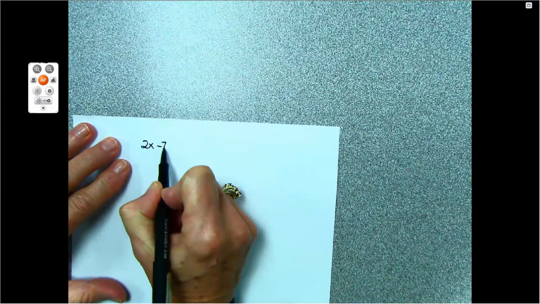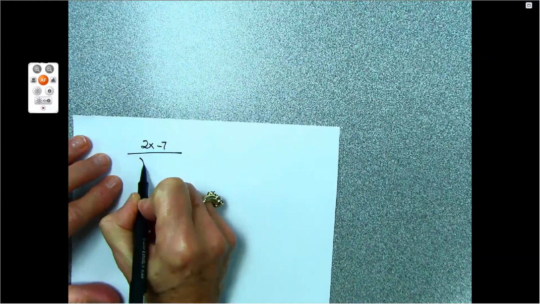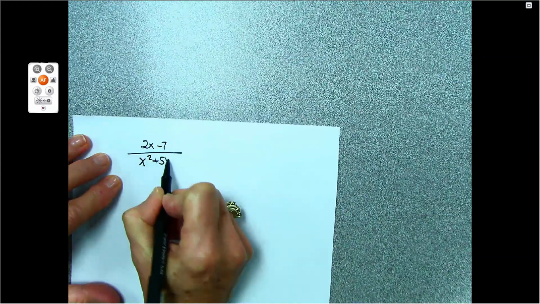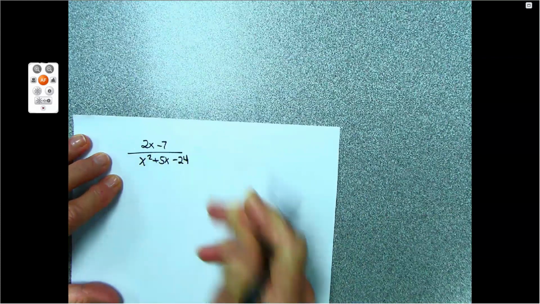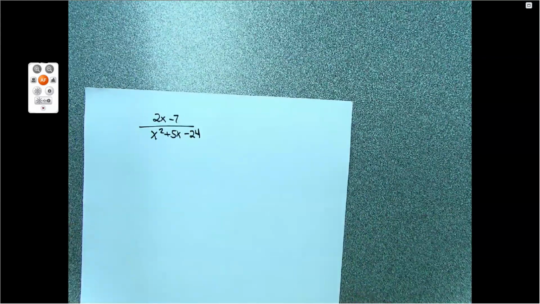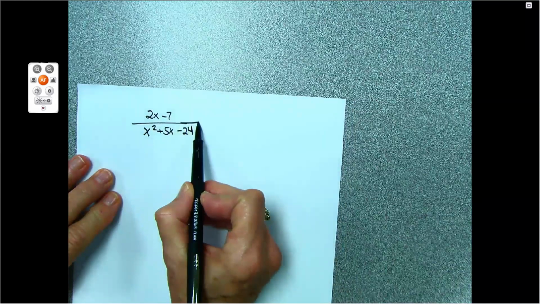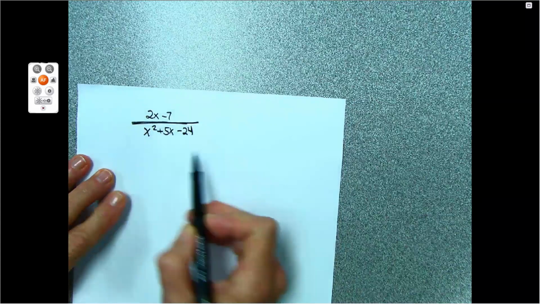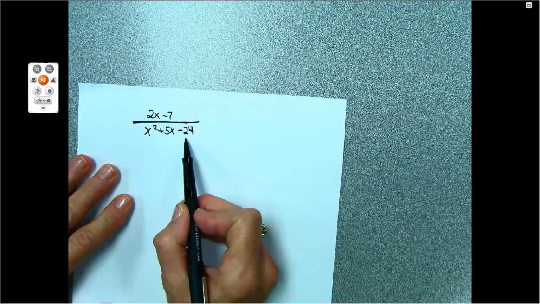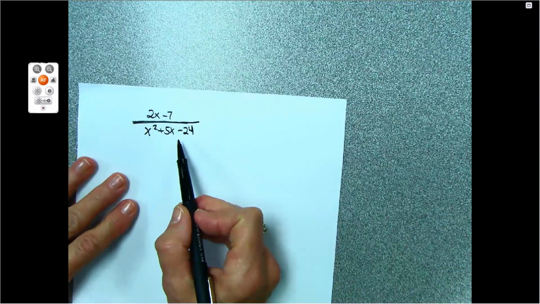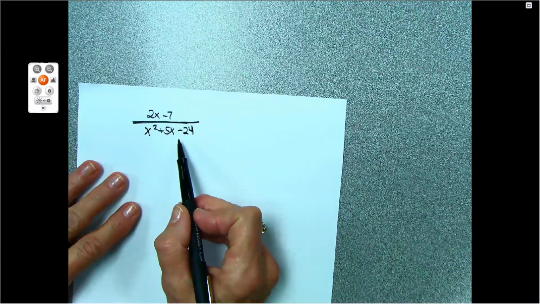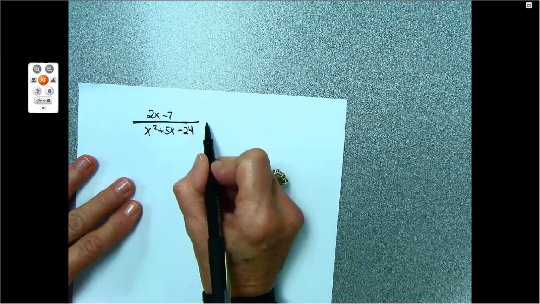2x minus 7 divided by x squared plus 5x minus 24. Find all numbers for which the rational expression is not defined. We're thinking about checking this denominator and protecting it from going to 0.